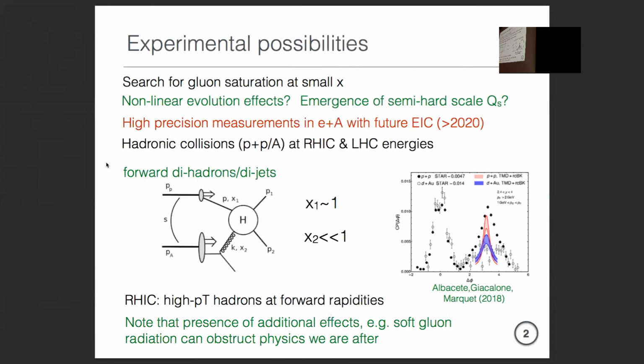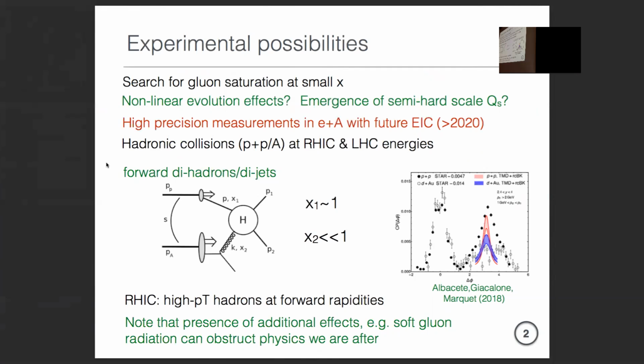So let me start with a little bit of motivation. Since this is a phenomenological thought, what are we after here? We want to search for saturation or nonlinear effects at small x. In principle, there are a couple of things we would like to see.